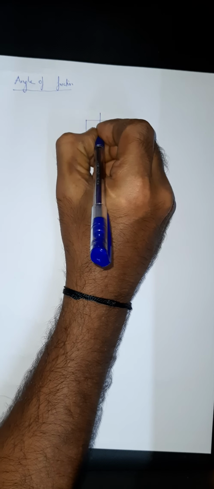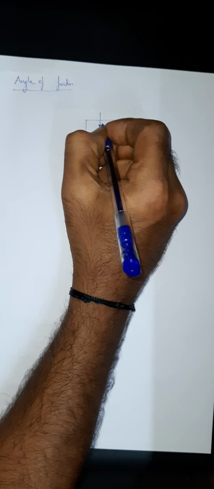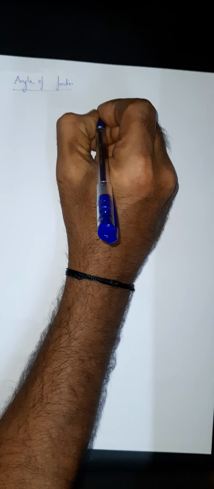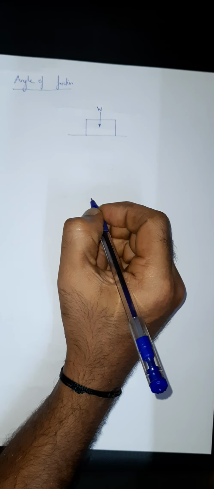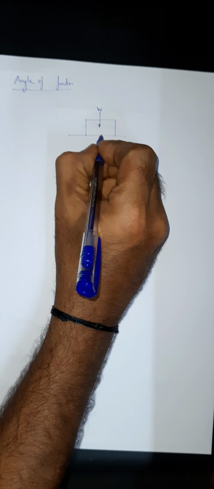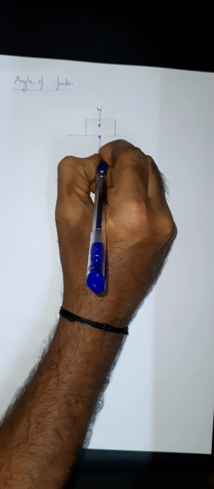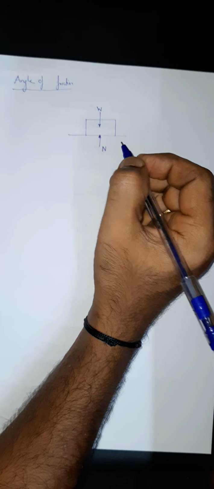As you all know, the own weight of this object, W, always acts vertically downwards, right? And when two bodies are in contact, there will be a reaction. There is a normal reaction which will act towards the center of the object, right? Normal.